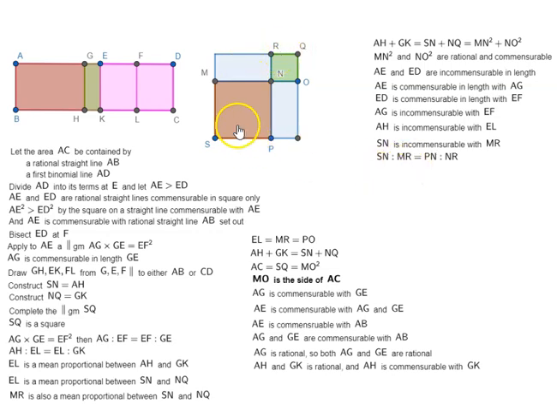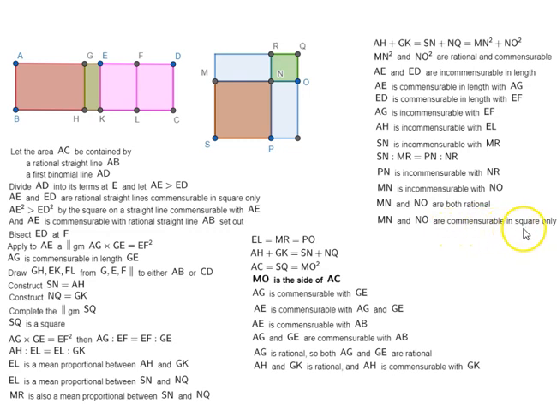SN is to MR as PN is to NR. These are the bases and these are the figures on those bases between the same parallel lines. That means PN is incommensurable with NR and MN is incommensurable with NO. MN and NO are both rational.